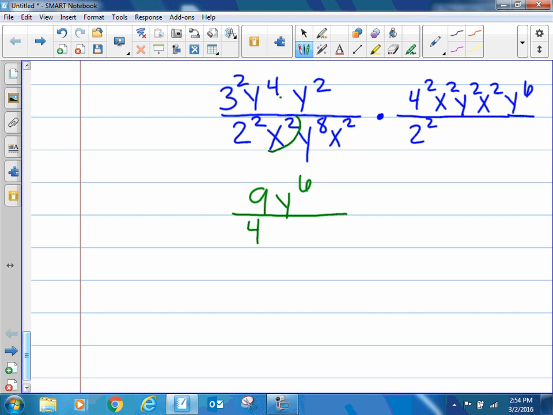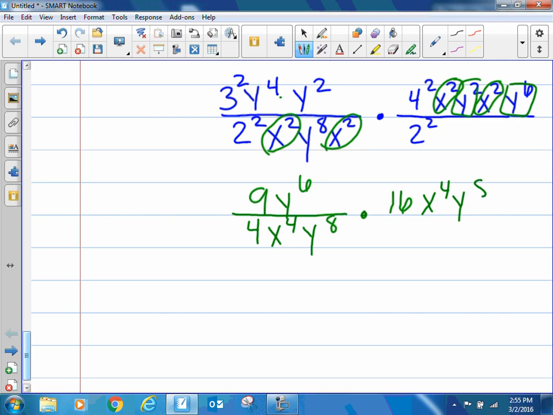I have an x term here and an x term here, so I can turn that into x to the 4th, y to the 8th. And on the other side, 4 squared is 16. I have 2 x's. That becomes x to the 4th. I have 2 y's. That becomes y to the 8th, divided by 2.